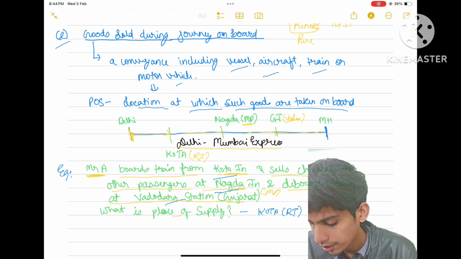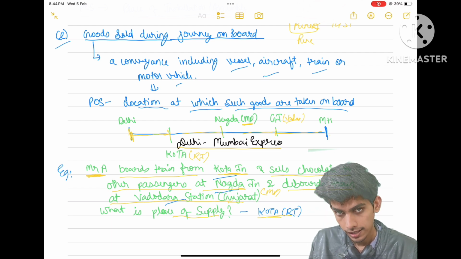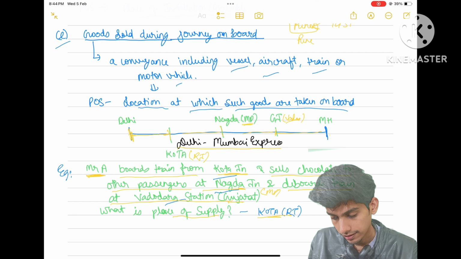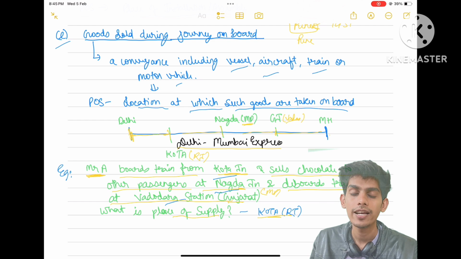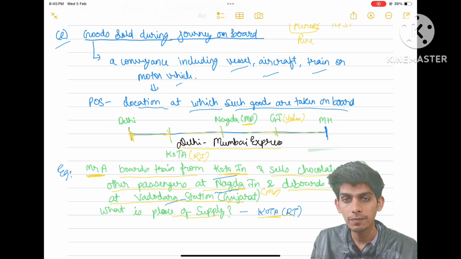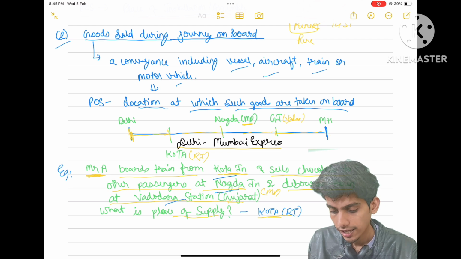So the place of supply will be Kota, Rajasthan. And depending upon the case, if Mr. A the seller is also from Rajasthan, then we will levy CGST and SGST. If Mr. A is from Delhi, then we will levy IGST.